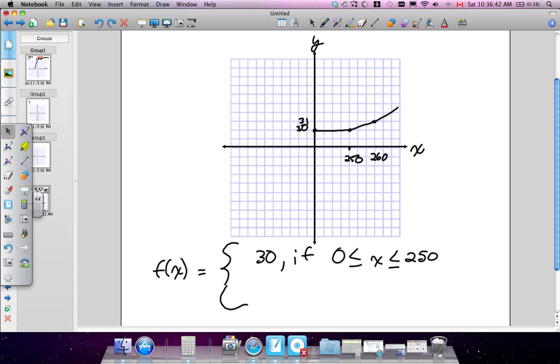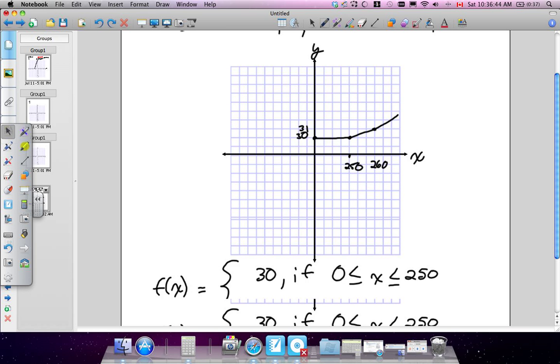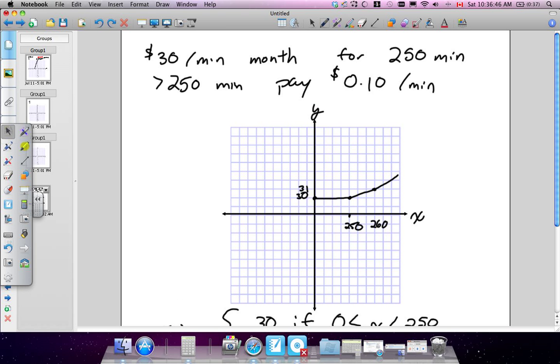Now, above 250, f at x is equal to, now this line here, okay, we're paying 10 cents more a minute from there, okay? So really what I have to do is I have this point, I need to find the y-intercept of this graph.